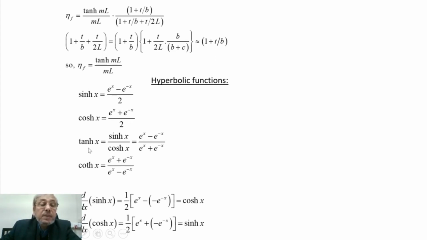If we remember these two, we can easily find out tanh x, coth x. Not only that, the differentiation of sinh x becomes cosh x, and differentiation of cosh x becomes sinh x. So these hyperbolic functions have to be used in all straight fins, means all fins with constant cross-sectional area.